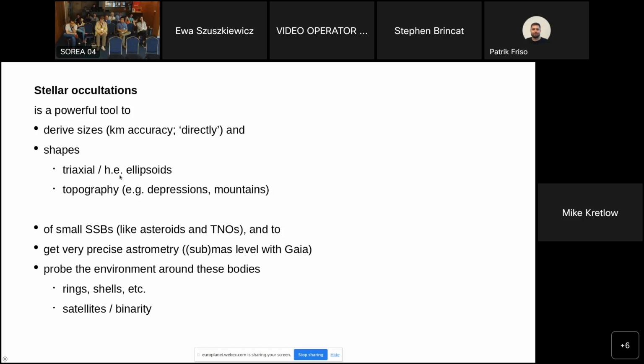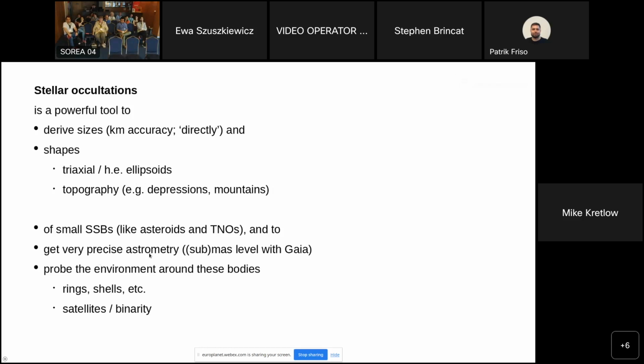The interesting thing is that we think that from a size of about 450 kilometers, these bodies could be in hydrostatic equilibrium, so the sizes and the flatness of these ellipses are interesting to us.